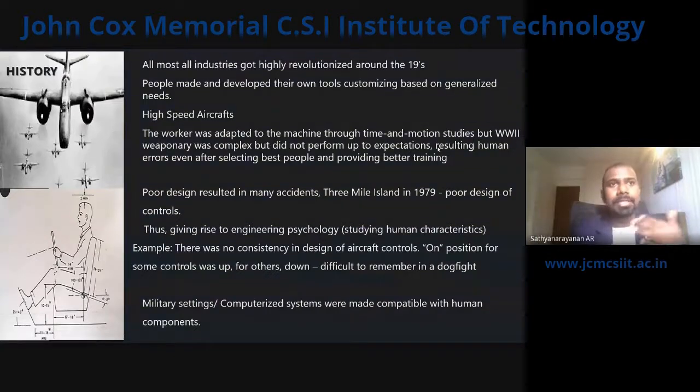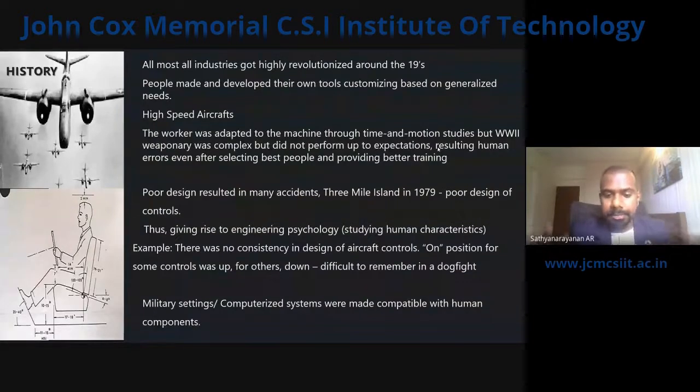If some people learned that on is the top position, and some learned that on is the down position, then that's completely messy. Simple things like that caused various problems in the initial stage of design, and that made people understand that studying human characters is really important.